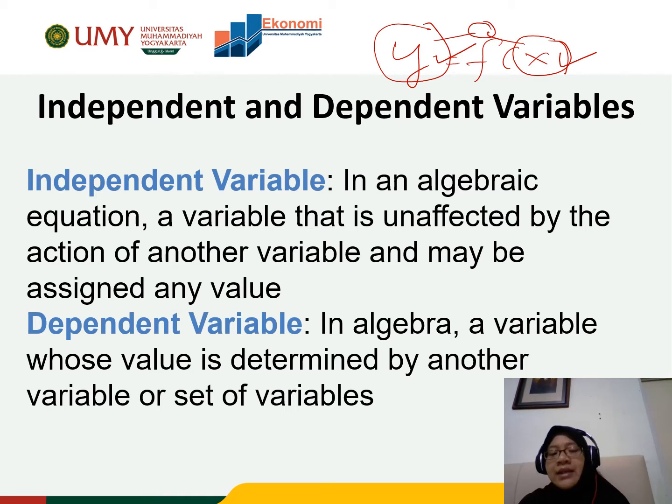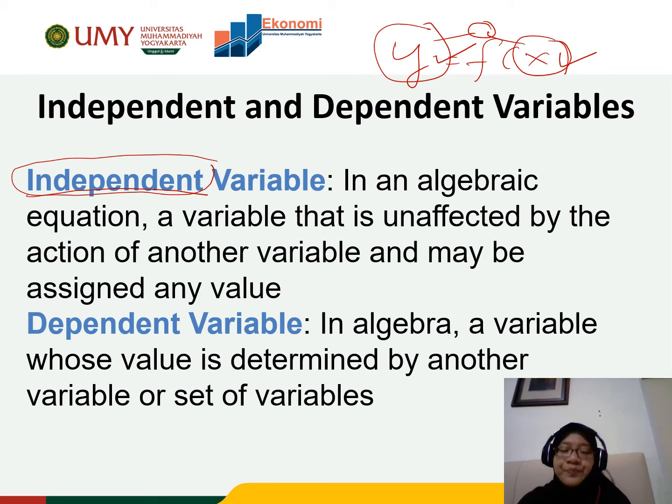The independent variable in an algebraic equation is the variable that is unaffected by any action of another variable, and it can be assigned any value. So an independent variable is totally independent. There is no other variable affecting it.